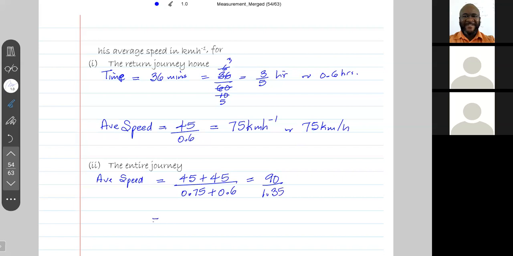The average speed for the entire journey is 90 divided by 1.35, which is 66.7 kilometers per hour.